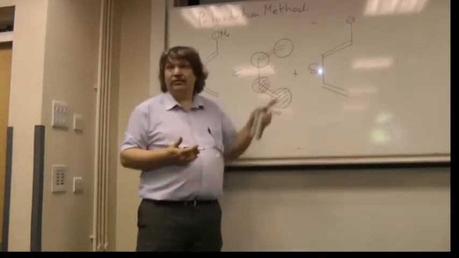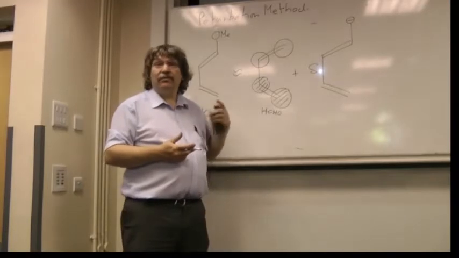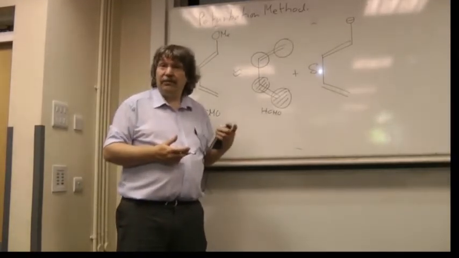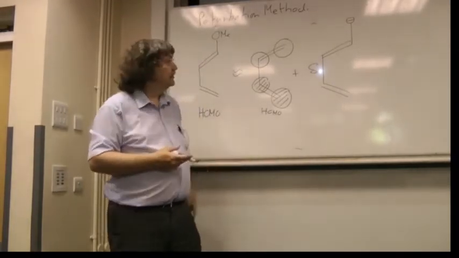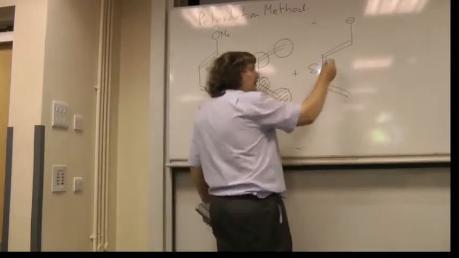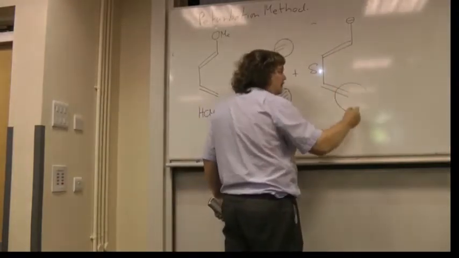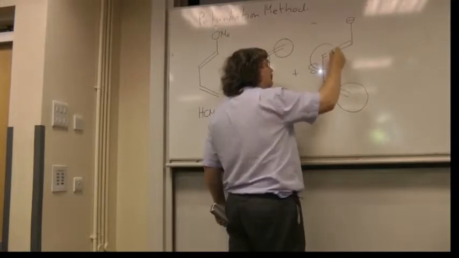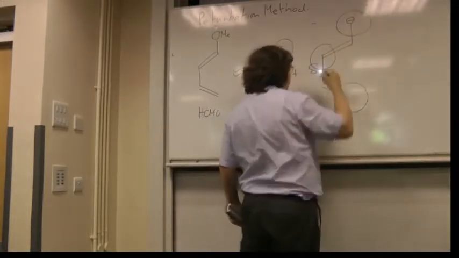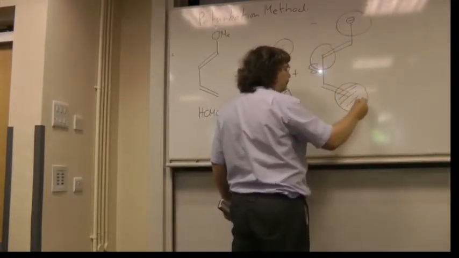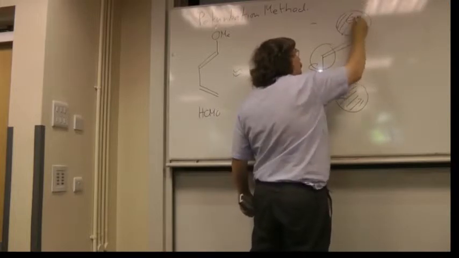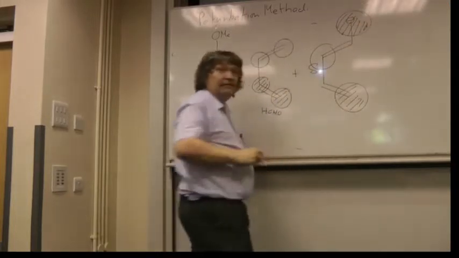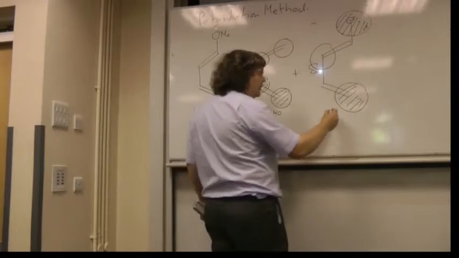Well, it's got 6 electrons, therefore the highest occupied is going to be the third orbital up, which is the one with 2 nodes. As it turns out, the nodes are actually there and there, so the orbitals of that look like that. That's the HOMO of the pentadienyl anion.